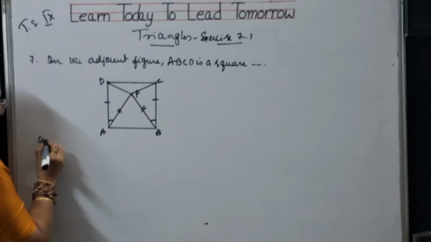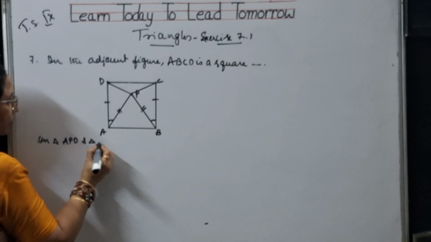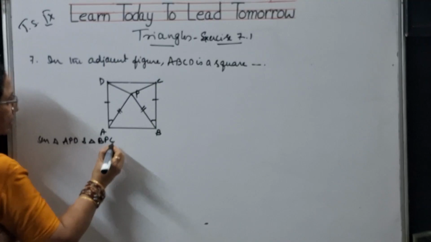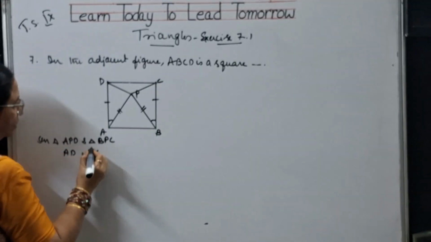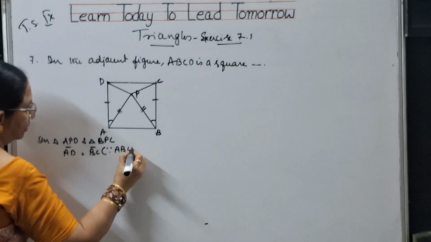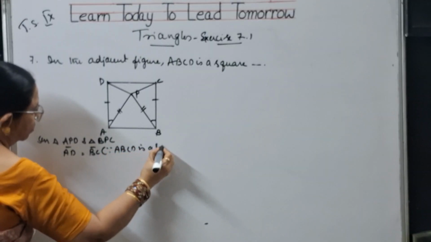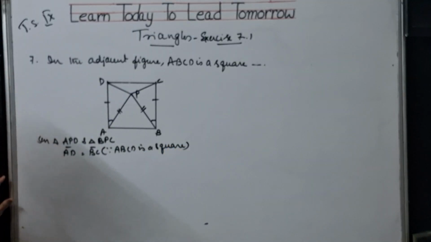So, in triangle APD and triangle BPC, AD is equal to BC. Why, children? Because ABCD is a square. In square, all the sides are equal. So, these two are equal.